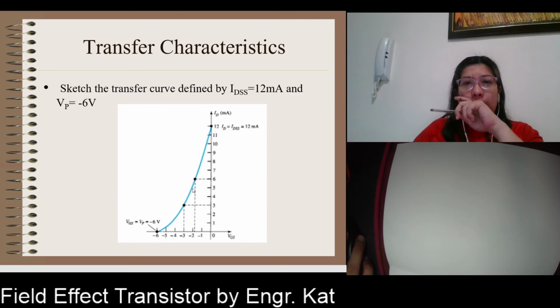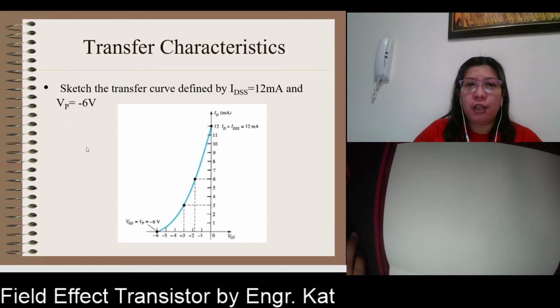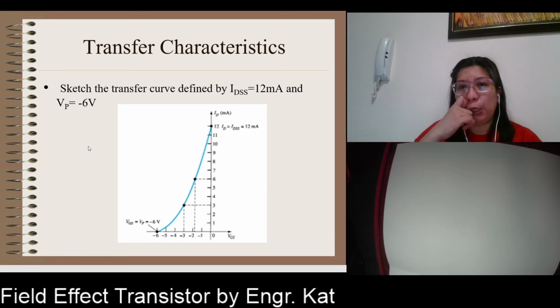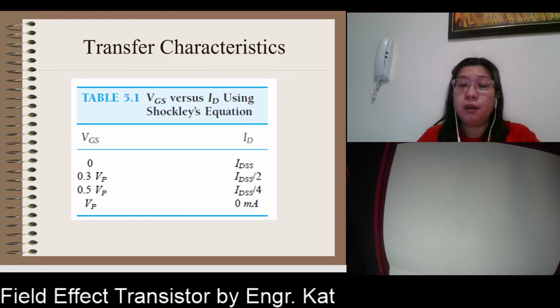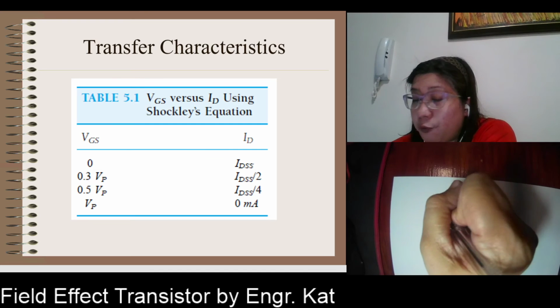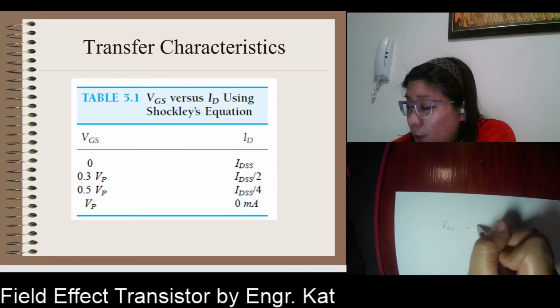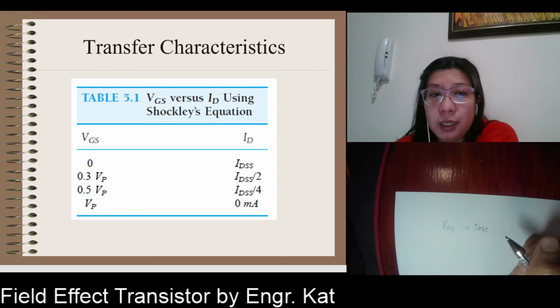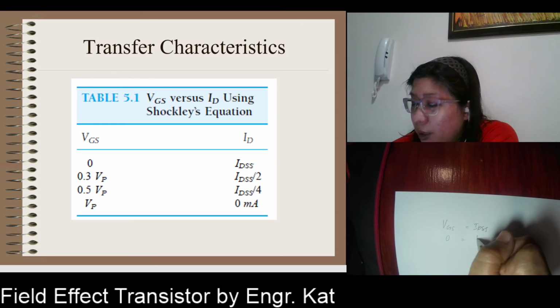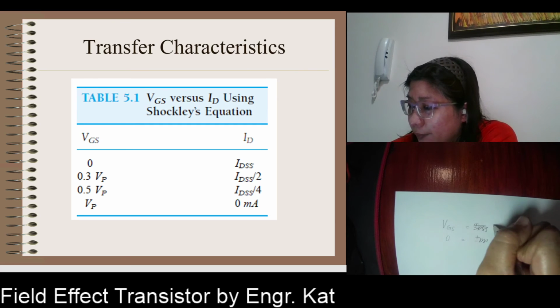For example, we have here the transfer curve defined by your IDSS. Let us say, for example, your IDSS is equal to 12 milliamps and your VP is equal to -6. By applying the 4 formulas here: when VGS is equal to 0, this is your IDSS.